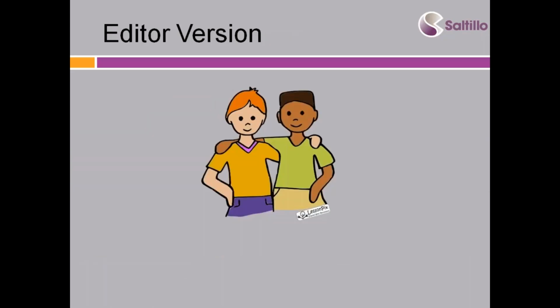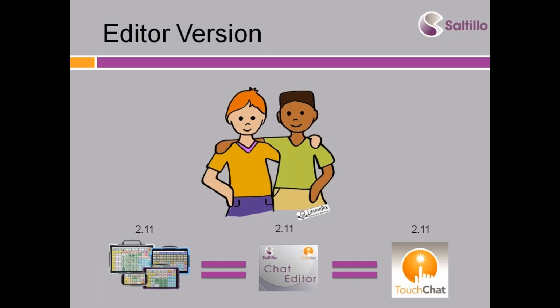So one thing that you really need to know is that the editor version, the Chat Editor on your computer, and the devices need to be friends, which means they have to be on the same version. You know, sometimes we do like a 2.11.2, and that's fine. But it's really your best option to keep your devices updated and to keep your Chat Editor updated.